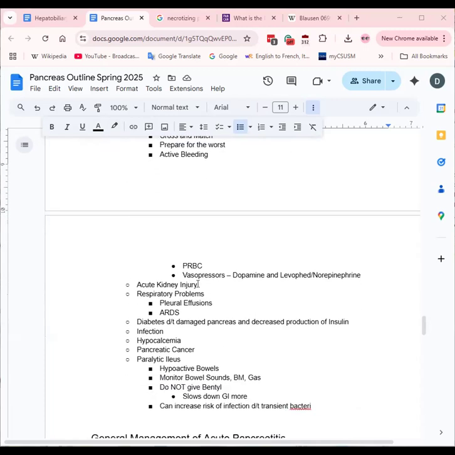Acute kidney injury, because again, all of this kind of goes together. If they're not getting any fluids, AKI could happen as well. I mean, they're gonna get IV fluids, but you have to be really careful with how much they're actually able to get. It's worth really assessing. Respiratory problems, diabetes or difficulties with insulin, infection risk, hypoglycemia, just like we talked about.